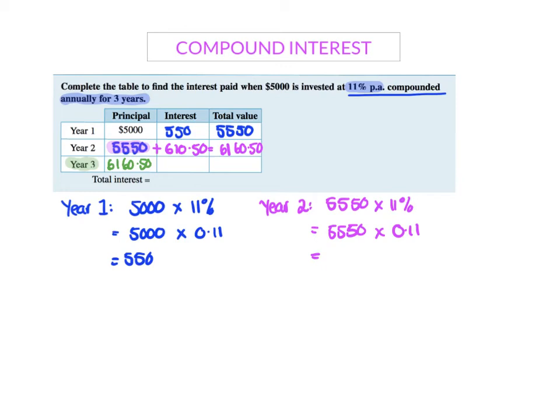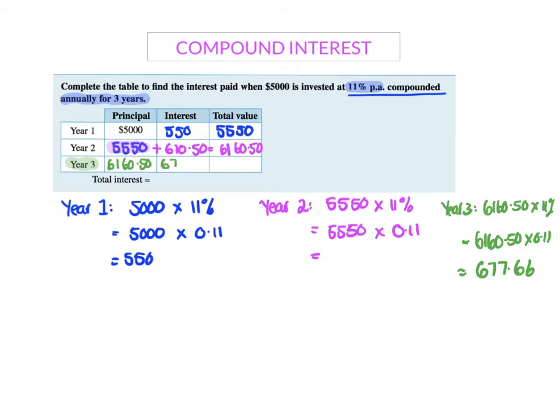So then you can see, if we go into this third year, this is the amount we've got, and we're going to go and find 11% of that. So year 3 would be 6160.50 times 11%. So 6160.50 times 0.11, and that equals 677.66.